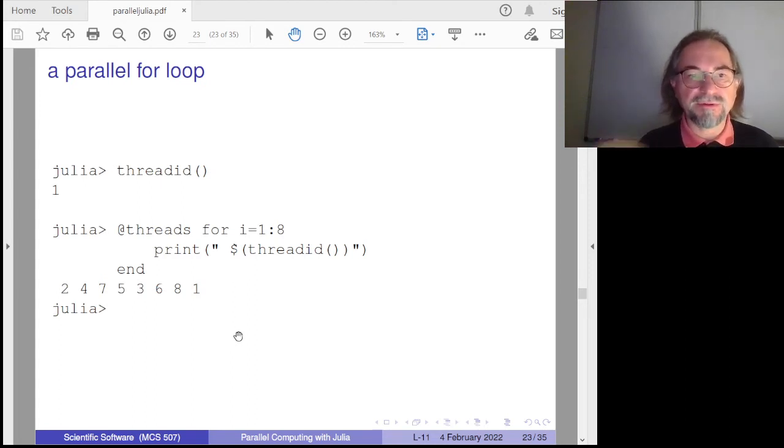No, every thread does something. Every thread executes the print statement. And you see that they execute out of order. Actually the first thread prints last. But when you are executing this, it may be different. It may also be a coincidence that this happens this way. But this is the indication that it did run in parallel.